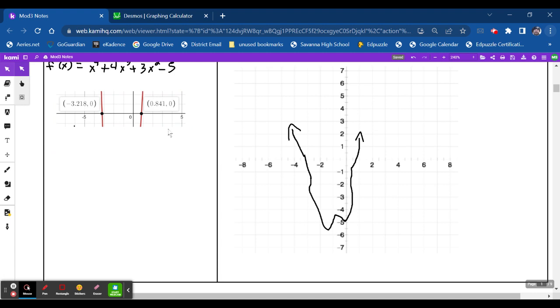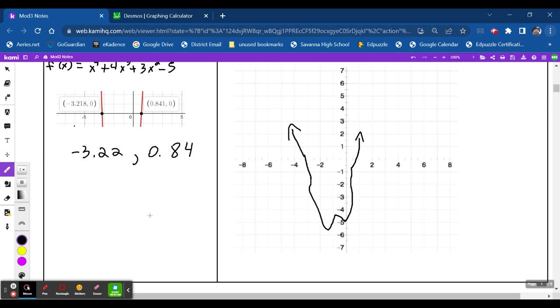The roots are negative 3.22 and 0.84. I'm going to round to the nearest hundredth right here, guys. And I'm going to tell you right now, there's no way I would have been able to guess this without using the technology. Let's go on.